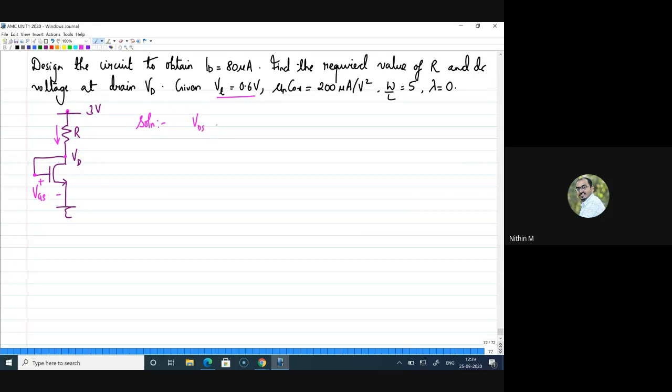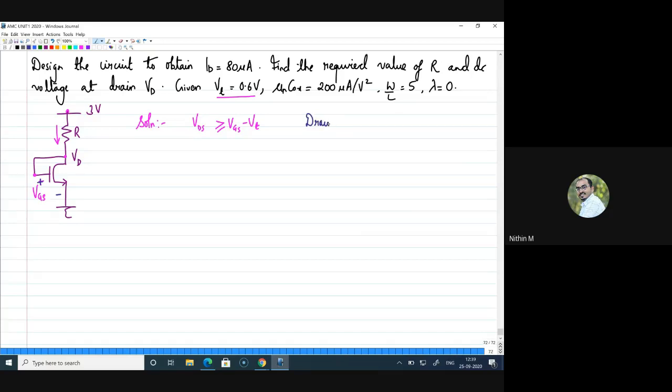Now if the MOSFET is on, to find the region of operation, the condition VDS should be greater than or equal to VGS minus VT should be satisfied. What is VGS here? VGS is the potential from here to here. VDS is also the same because the drain and gate are shorted together.